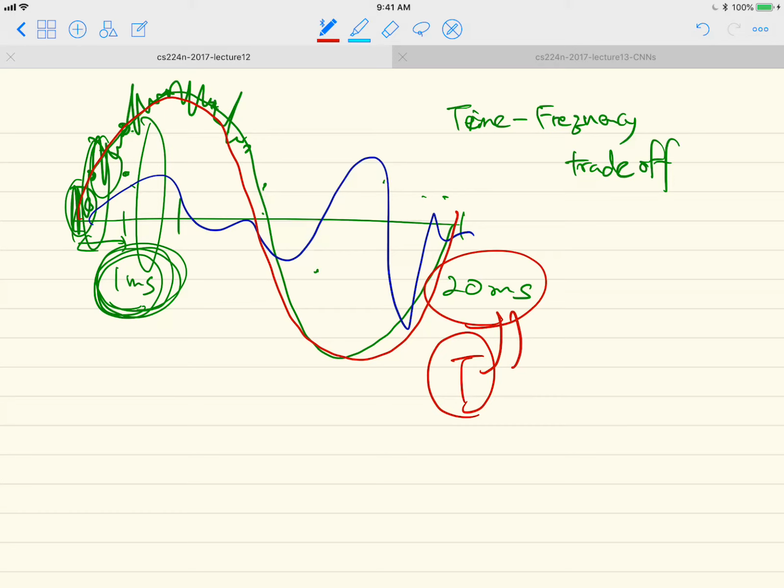And so here, given this limited time duration, we can only observe one period in order to extract this frequency component corresponding to the 20 millisecond period. But what about a period of 10 milliseconds, which has twice the frequency of the previous one?